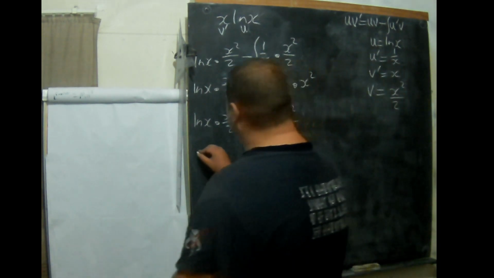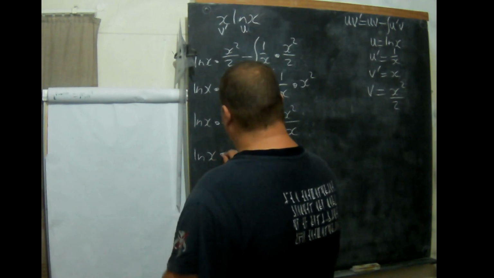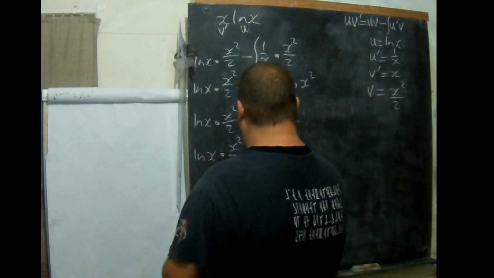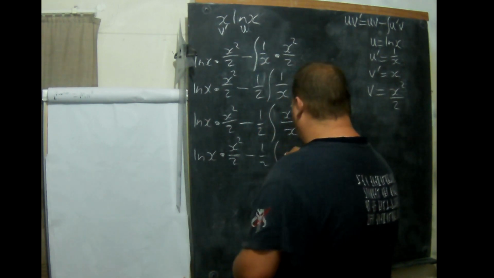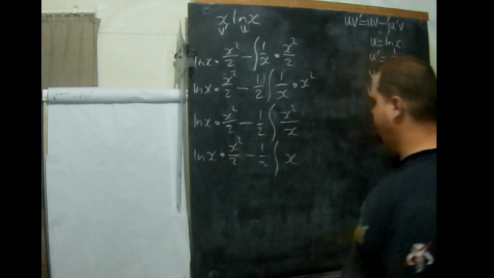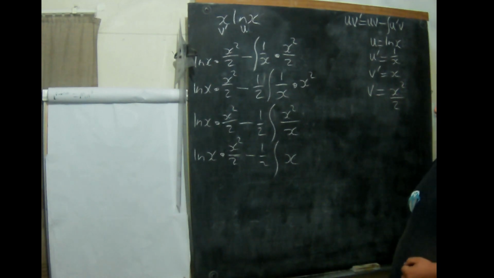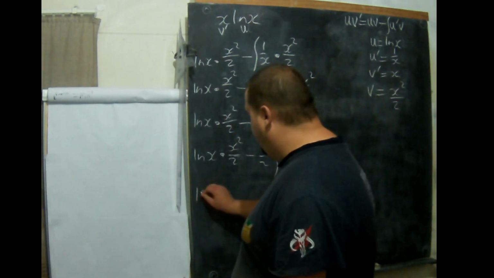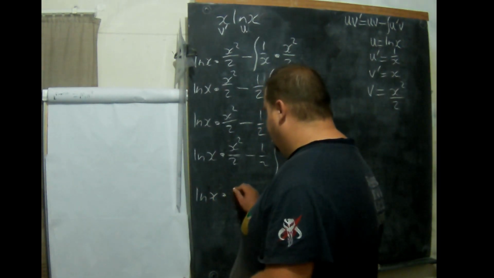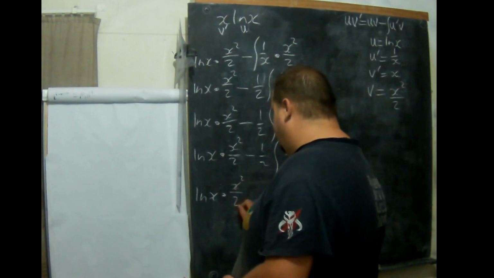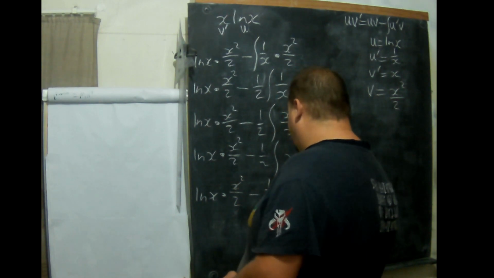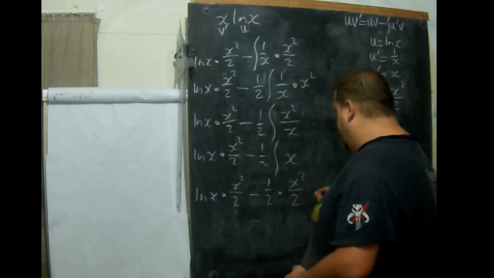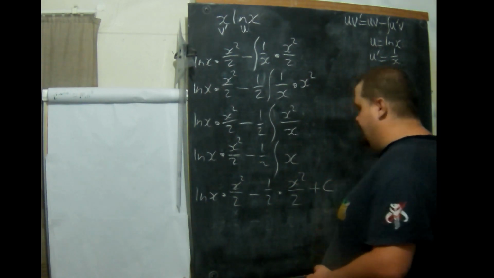Now x squared divided by x is just x. So what we're going to do is ln x times x squared over 2 minus a half the integral of x. Now to integrate x, it'll be ln x times x squared over 2 minus a half times x squared over 2 plus c.